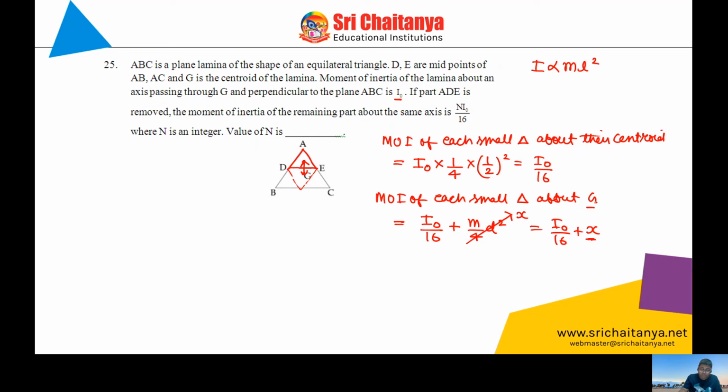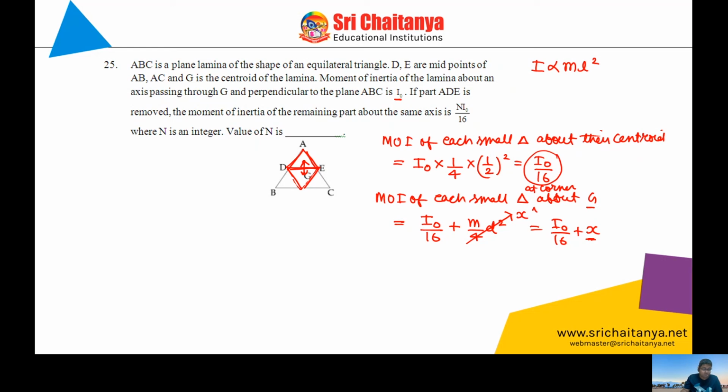So the moment of inertia of the whole triangle ABC will be the sum of the moments of inertia of each triangle. This is the moment of inertia of each small triangle at the corners, I must write, because for the middle one the moment of inertia about G is the same as about its own centroid, so we do not need to bother about that.